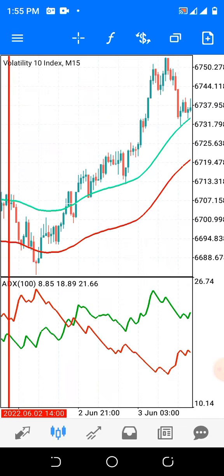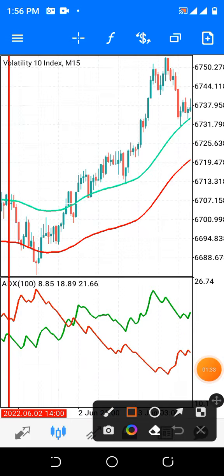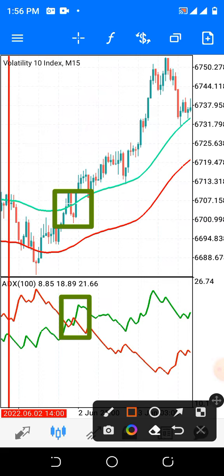Whenever you see candlesticks cross the green line of the envelopes indicator, and as well the ADX lines cross each other at the same time, you take your buy position here.